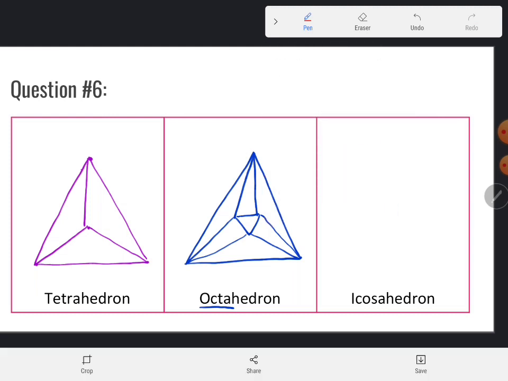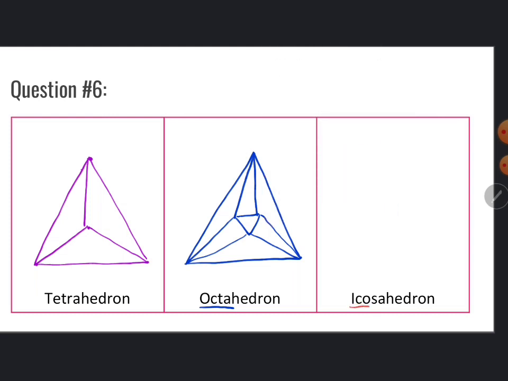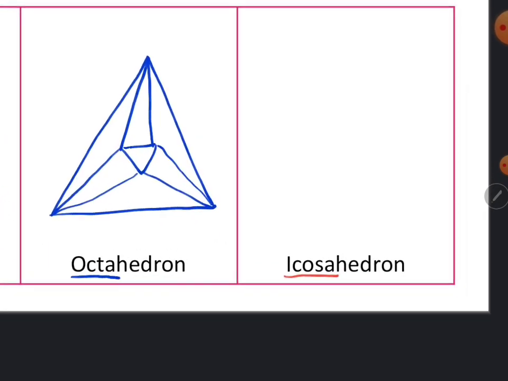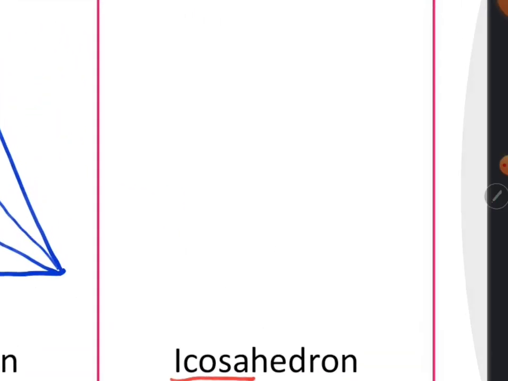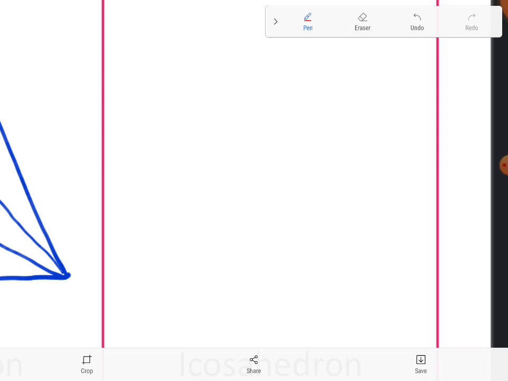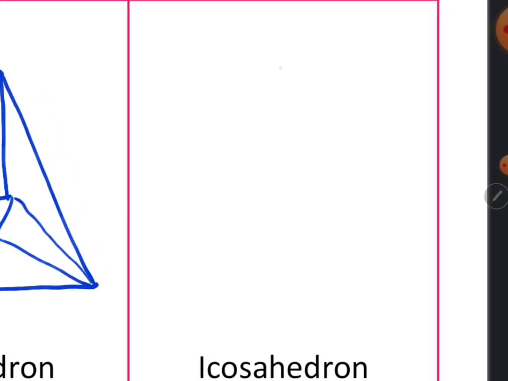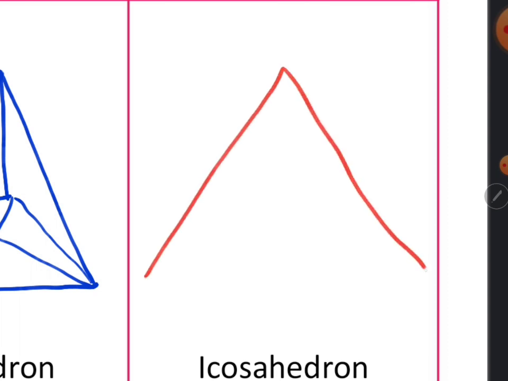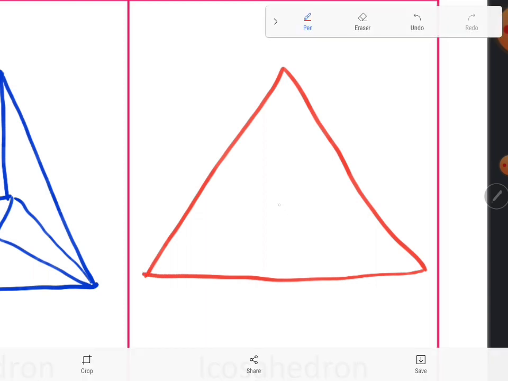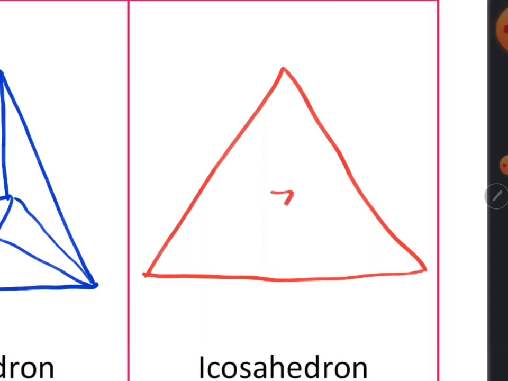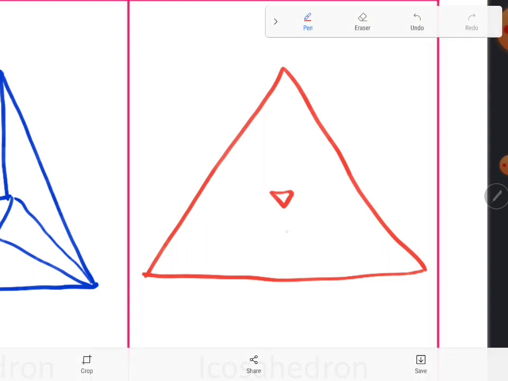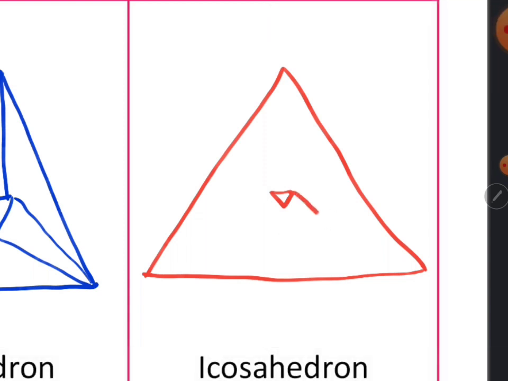Next, we're going to draw an icosahedron. We know it starts out with icosa, so we can assume, and this is going to be a fun one, that it'll be similar but slightly more complicated than our other triangles. So we have our base. And our icosahedron.